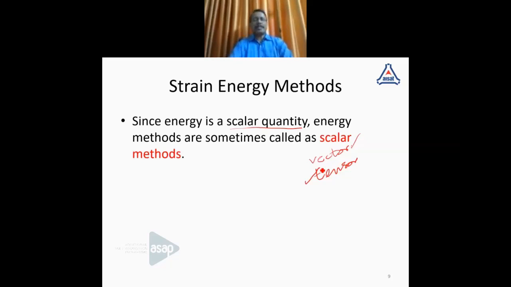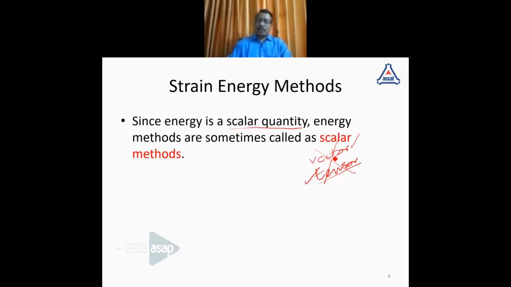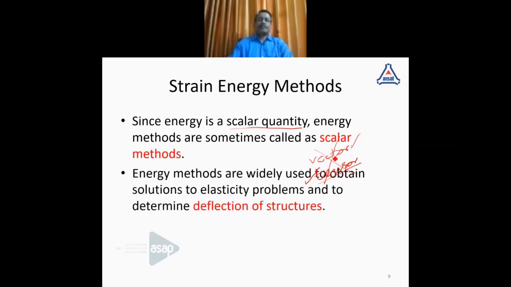Say some matrices are used, but for an average student, tensor will be a difficult one. So here we need not use any tensor or vector. We will be using just a scalar method, just like our arithmetic calculations. Only we need to manipulate the magnitudes alone, so it is relatively easier.